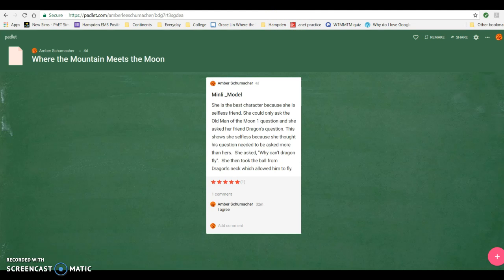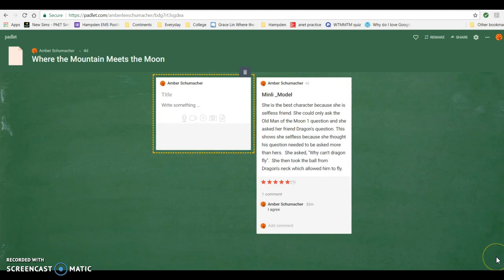Secondly, the Padlet, which most of us are used to. Students can look at the prompt that's given to them and create a response. In the future, if given more time, they can record their responses, but this will let them do just kind of a quick write, citing evidence, and the other students can kind of grade it, like, oh, this is a great response, 5 stars, I agree with what you said, or I disagree, the writing's good, but I do not think Minley was a great character, I think Dragon was better for these reasons.